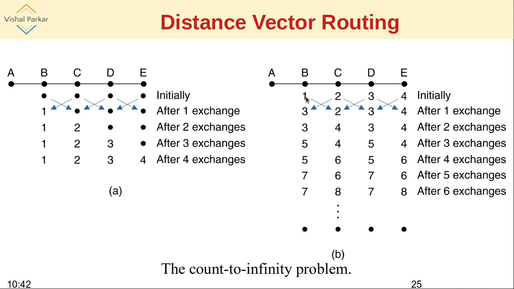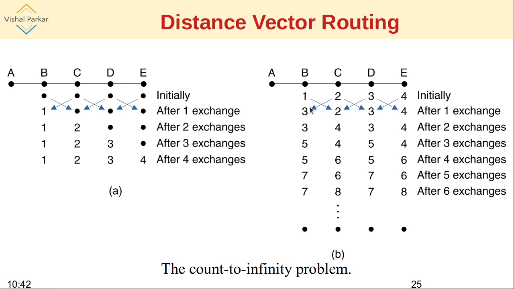And this is how B now has two distances to A. One is the direct approach, which is infinity, meaning it cannot reach A. But through C, with a distance of 1 to C and C's distance to A of 2, that means 2 plus 1, 3, it logically concludes that it can reach A. So it updates the new hopping distance to A as 3 after the first exchange.